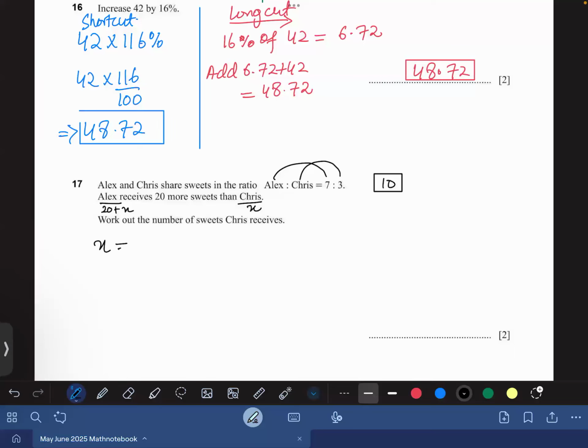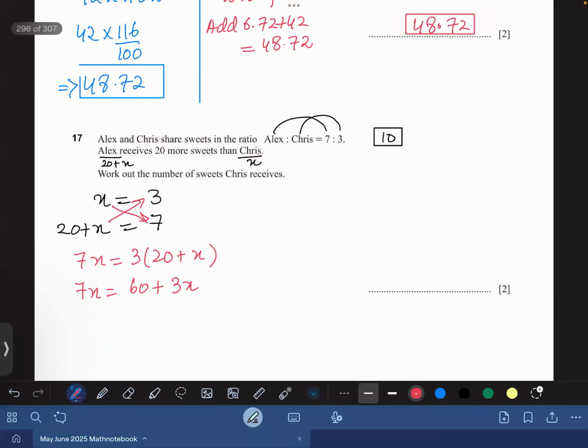So beta X is equals to 3 parts and 20 plus X it is equals to 7 parts. So we do crossfire or straight fire. It's definitely crossfire. 7 times X is equals to 3 times 20 plus X. So 7x is equals to 3 twenties are 60 plus 3x.